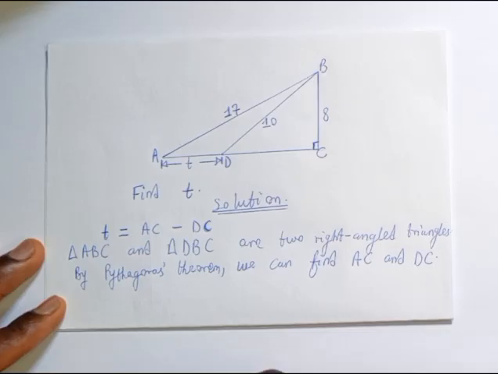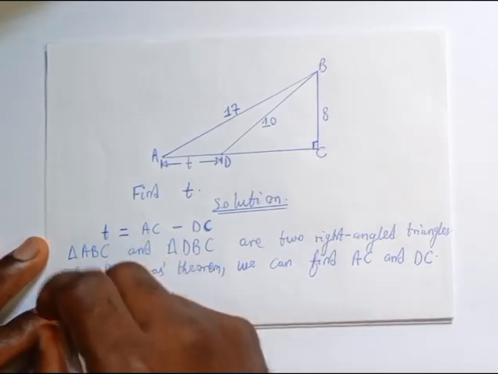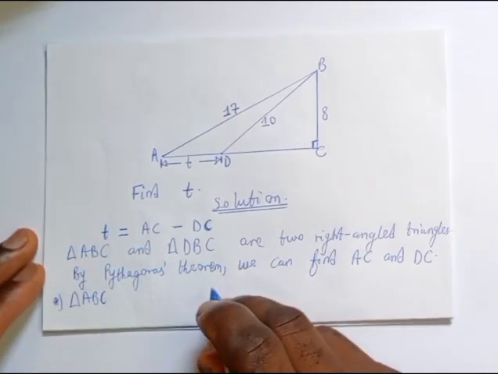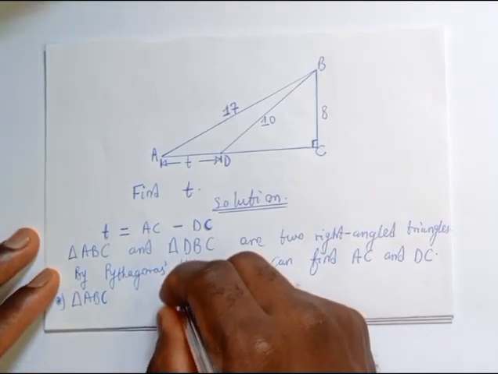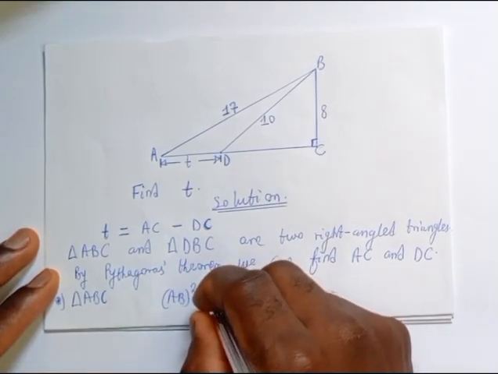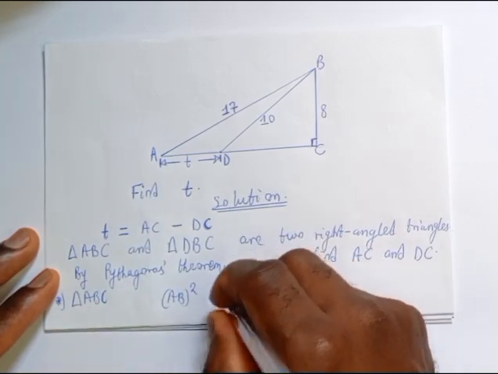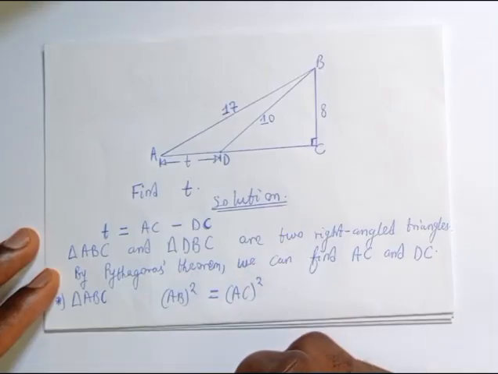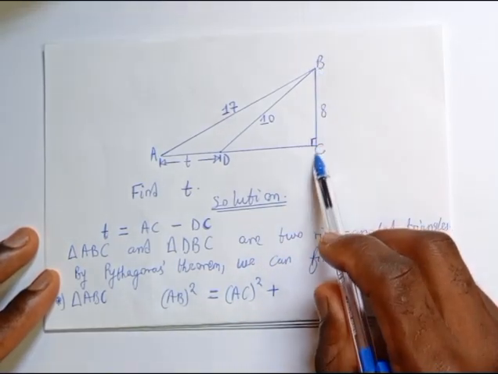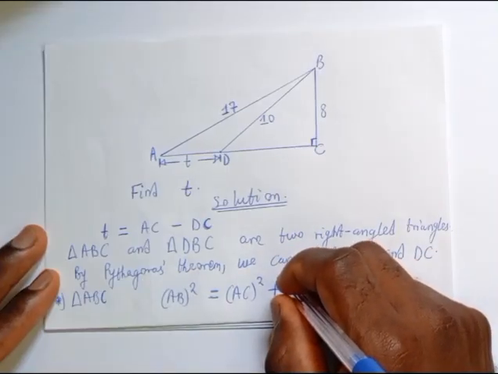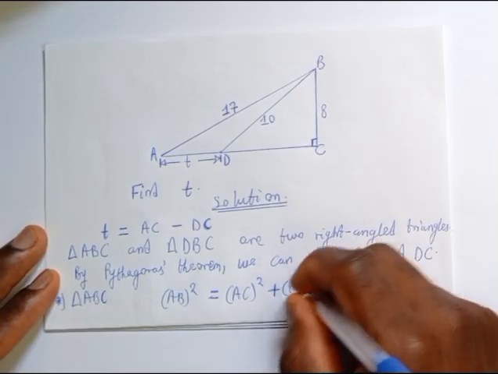If we take the first right angle triangle, which is triangle ABC, applying Pythagoras Theorem, this is the hypotenuse. AB squared is equal to AC squared plus BC, or CB is still the same, plus CB squared.